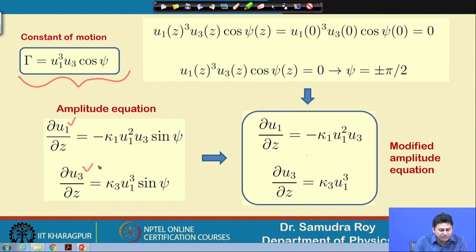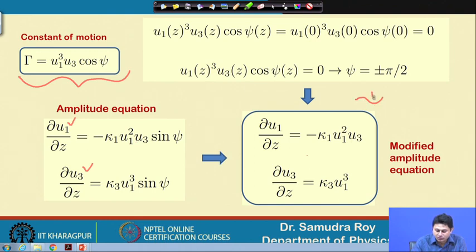They are coupled to each other, which is why you can see a coupled equation on the right hand side. This constant of motion gives us additional information regarding the value of psi, which is the relationship between the phases of these two waves.